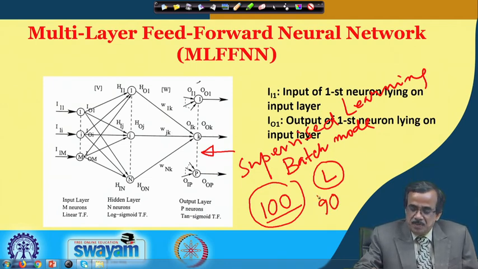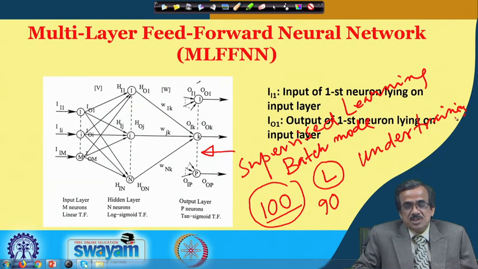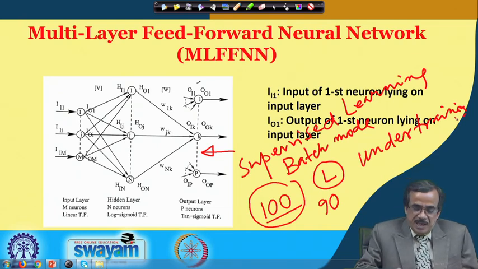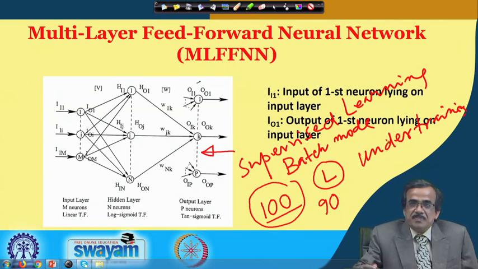That is a case of under training of this network. Mathematically, supposing that I have 10 unknowns and 9 equations, we cannot solve it. The same thing is true here. If I have fewer training scenarios compared to the number of unknowns, this will be a clear example of under training.